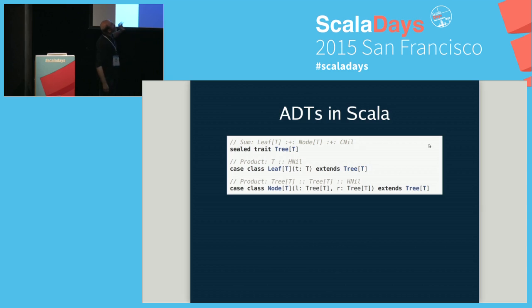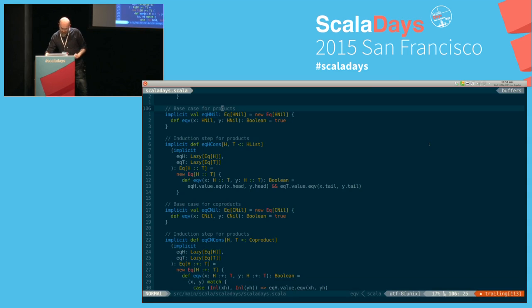We have sums, which are things like either a leaf or a node, either a cat or a dog, and we have a case for the products, which are going to be, in the case of our animals, a name and some amount of food. So in other words, a product which is effectively a collection of the elements which form the content of the case classes. Okay, so what does that map into? Well, we have two cases represented here.